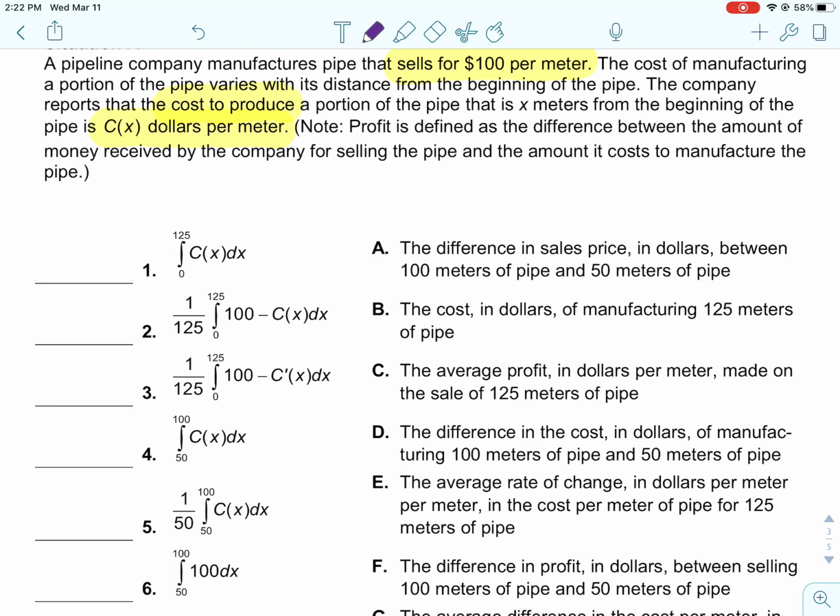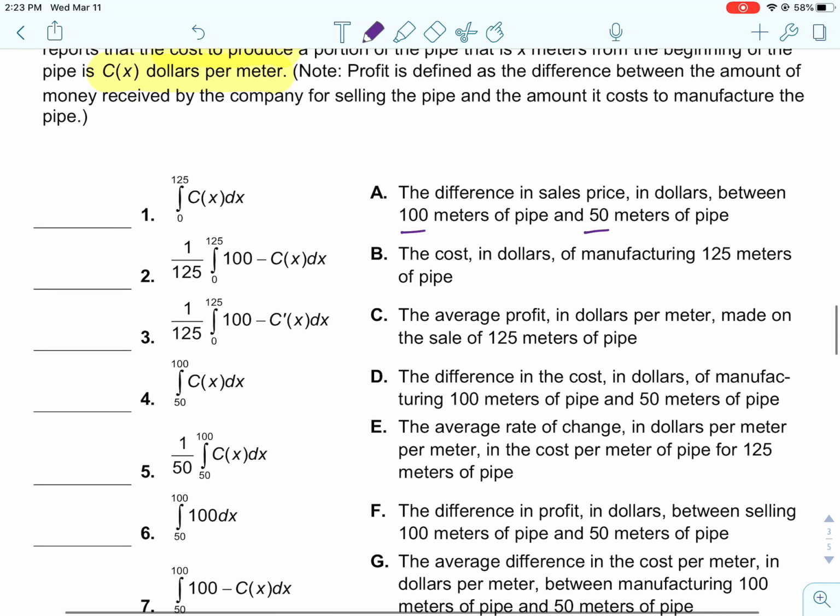Okay. So now, I'm going to start with A. So A says we want to find an integral that represents the difference in sales price in dollars between 100 meters of pipe and 50 meters of pipe. So what was the sales price? Like where was that? It was $100 per meter. So we do need to make sure whichever one we pick has that in it.